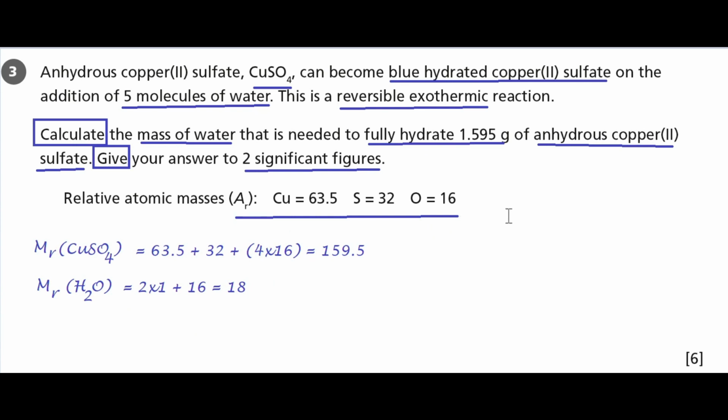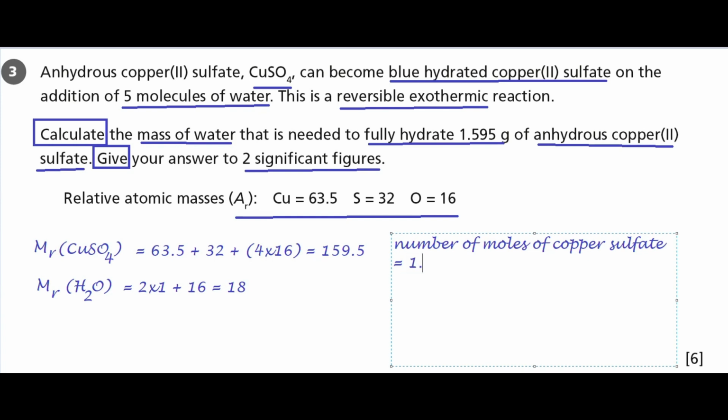Now what we need to do is work out the number of moles of copper sulfate that we have. If you remember, the number of moles will equal the mass in grams, which we know as 1.595 given to us in the question, divided by the relative formula mass, which in this case is 159.5.